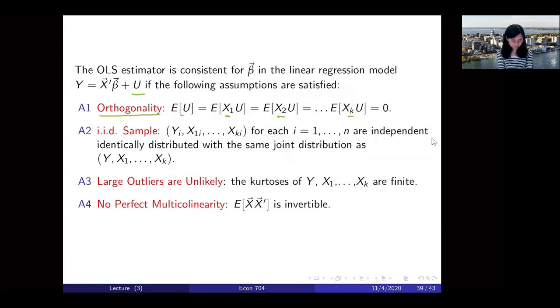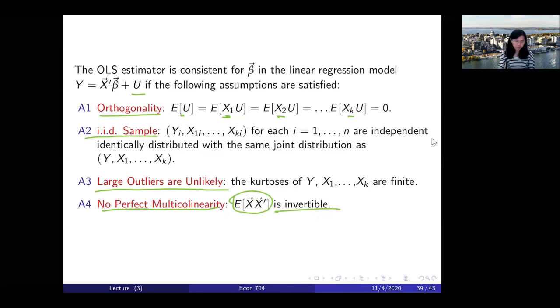So the error term should have expectation 0 and should have 0 correlation with any of the x variables. And we want the sample to be an IID sample. And we want finite kurtosis, or unlikely large outliers. And we want no perfect multicollinearity, which implies that this matrix is invertible.